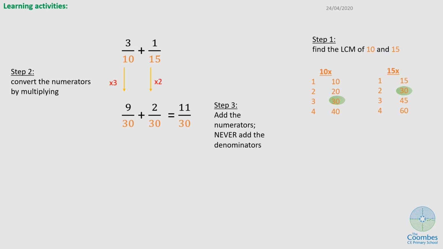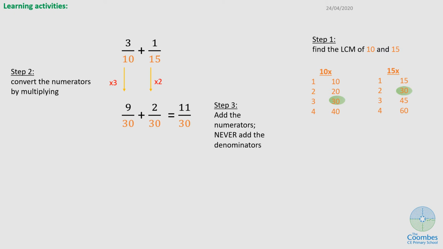If I want the 4 times 15, I actually double the 2 times table. So double the 30, I'll get 60. Now, I'll stop there because I have a common multiple. There's 30 here, and there's also 30 here. So that's going to be my new common multiple, the lowest common multiple for both numbers.